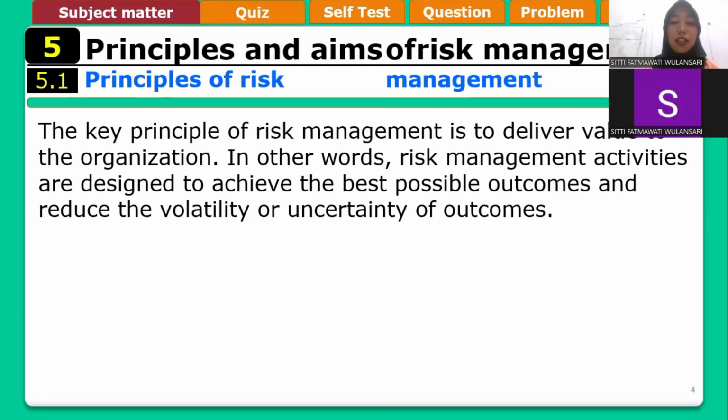However, risk management operates based on broader principles, and there have been several attempts to define these principles. ISO 31000 includes a detailed list of suggested risk management principles.